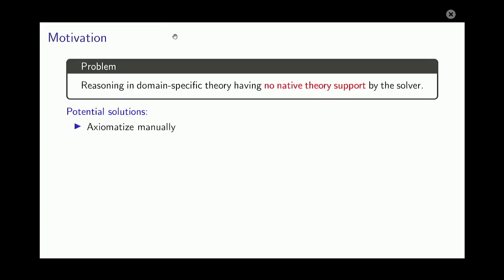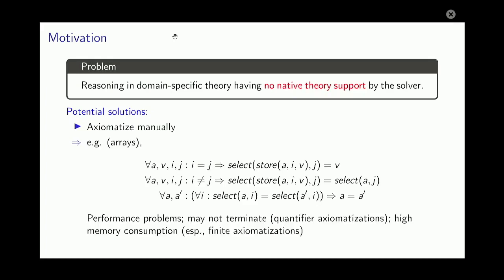And there are several ways of dealing with the problem, and I think the most obvious one is just by axiomatizing the theory we want to use manually. So some SMT solvers like Z3 or CVC5 support quantification. So if we assume that Z3 would not support arrays, we can just add the three array axioms, and in theory, Z3 would be able to even reason in the array fragment without having it built in.